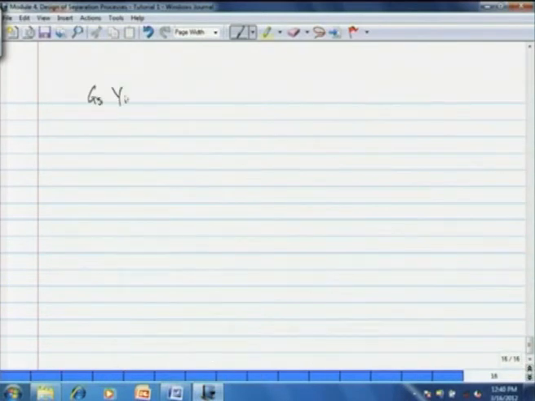Gs into Y in into delta HV is equal to Cp into Ls into T out minus TL.